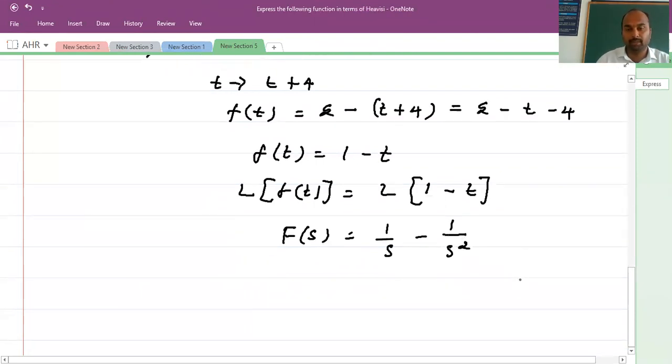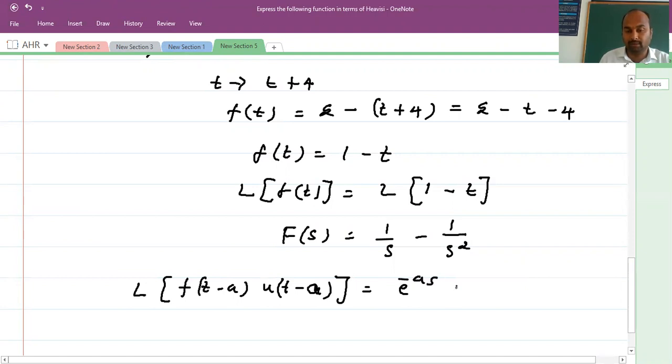Now use the property that Laplace transform of f of t minus a into u of t minus a will be equal to e to the power of minus as into f of s.